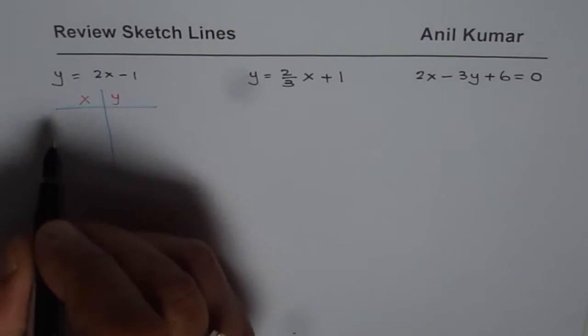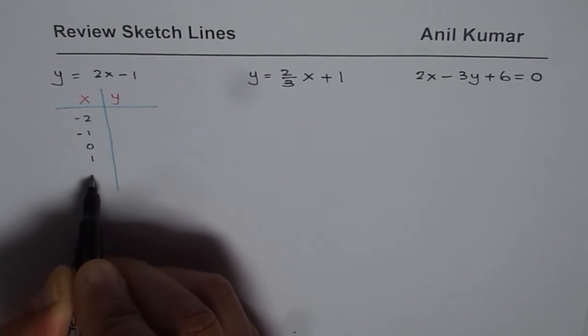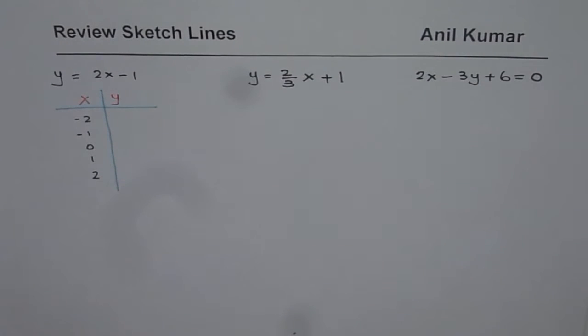For a line the key points are minus 2, minus 1, 0, 1 and 2. As you know, a straight line is a line which goes through any 2 points. So strictly speaking, 2 points are enough to sketch a line, but it is good practice to take these 5 points whenever possible.